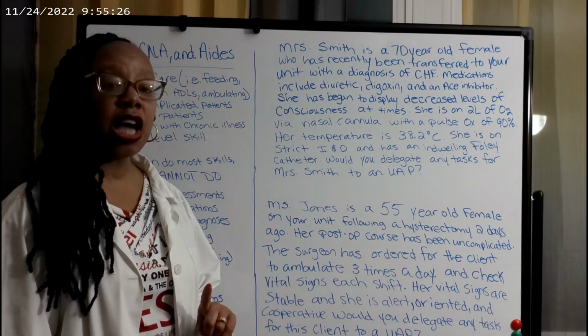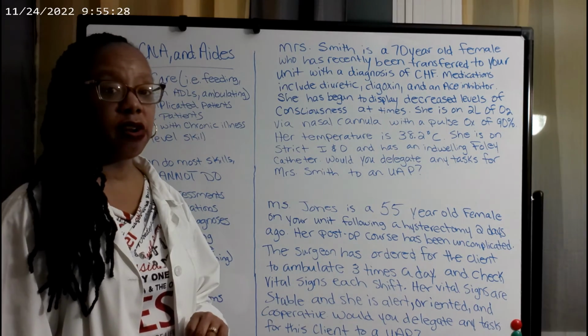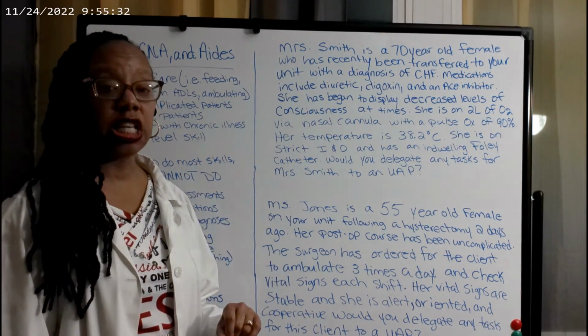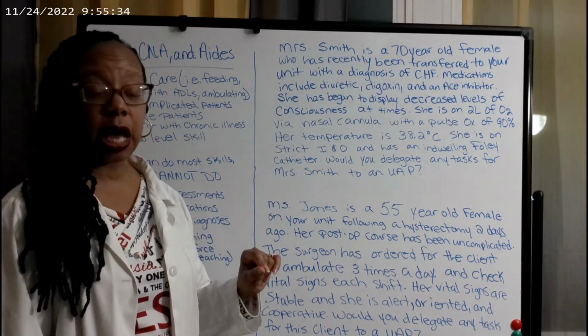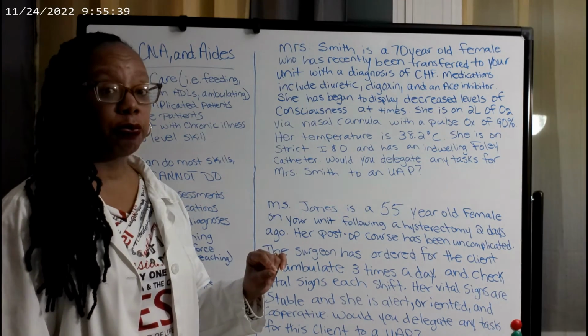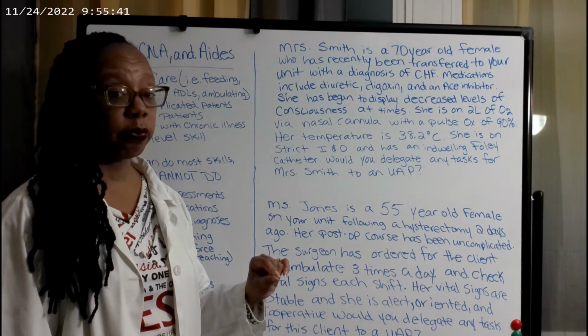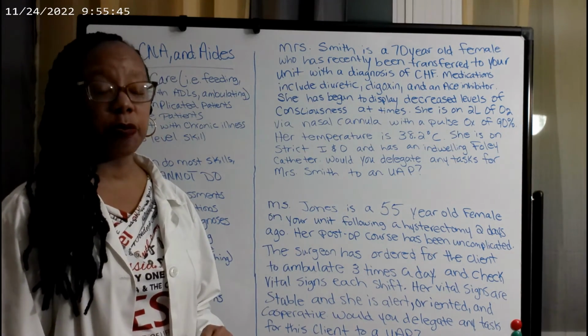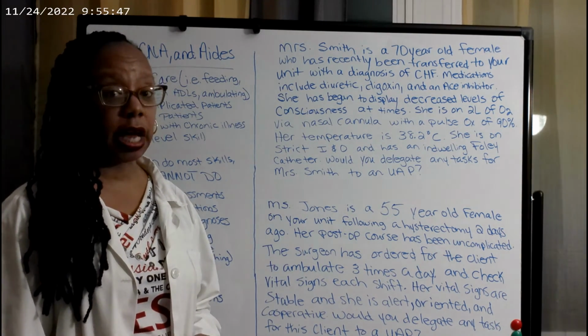Remember, your level of consciousness is one of your first indicators of brain function. And this patient's level of consciousness is decreasing at times. So that's an indication that something's not right there. And her pulse ox is 90%, which is on the lower side.